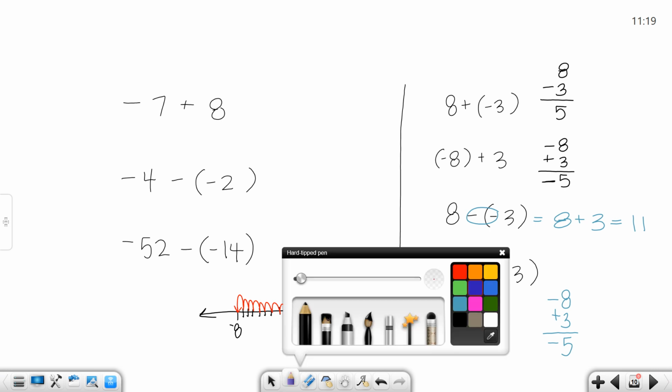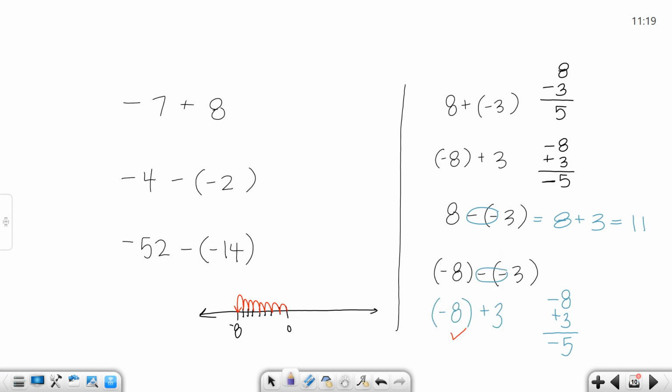And then I'm going to go 3 to the positive. So feel free to use the number line if you'd like.